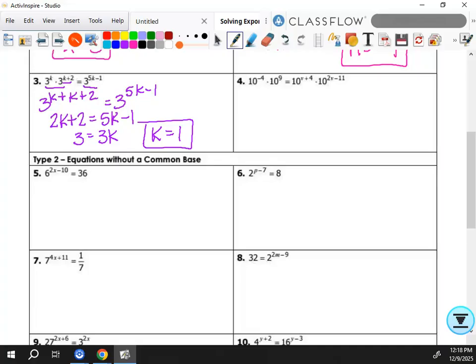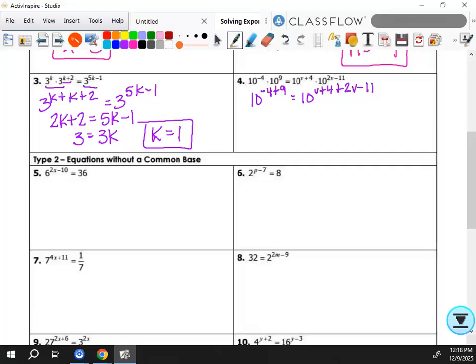All right, so on number 4, can I drop my 10's? No. This would give me 10 to the negative 4 plus 9 power equals 10 to the v plus 4 plus 2v minus 11 power. Now you have a single exponential on each side. You can drop the 10's.